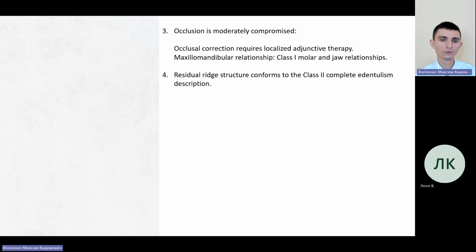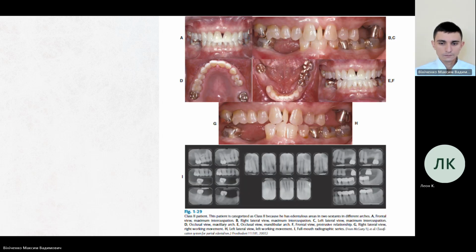Residual ridge structure conforms to the class 2 complete edentulism description. You can see a class 2 patient. This patient is categorized as class 2 because he has edentulous areas in 2 sextants in different arches. You can see a class 2 patient.